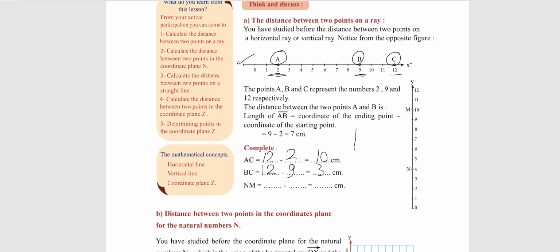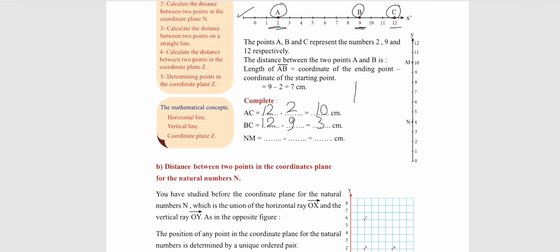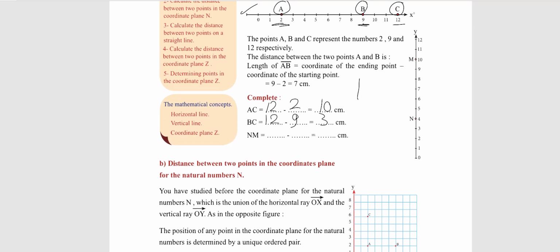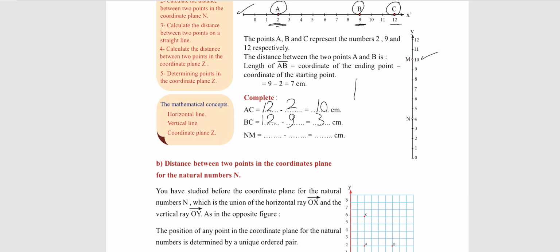The result is 3 centimeters, the distance between point B and point C. The length NM on this ray, M is represented by point 10 and N is represented by point 4. So NM equals the ending at M, 10, minus the starting at N, which is point 4, that equals 6 centimeters.